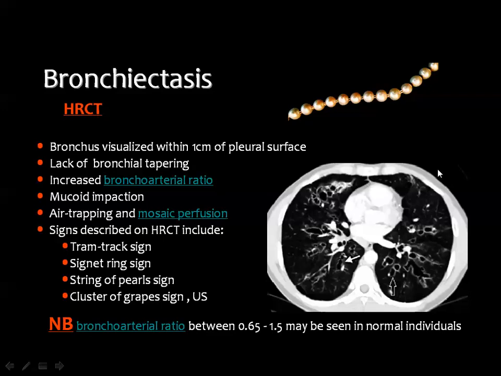Then the high resolution CT findings of bronchiectasis include many signs, and you get the increased bronchoarterial ratio. You know that the ratio between the bronchus and the adjacent vessel, this is the bronchus and this is the adjacent vessel. The range may be from 0.6 up to 1.5, and this is usually seen in normal individuals.